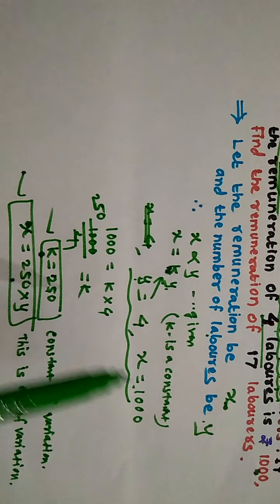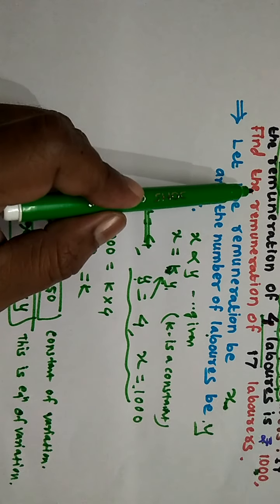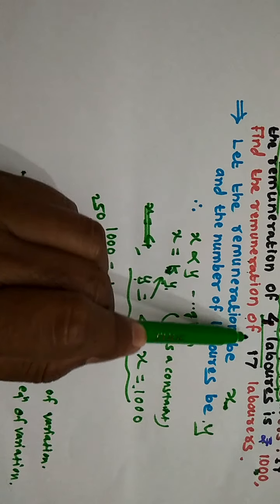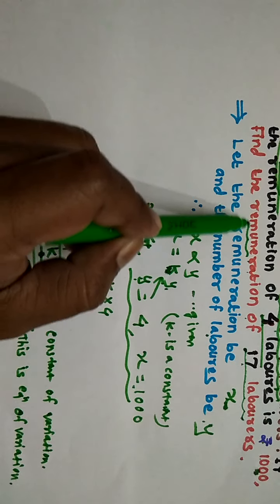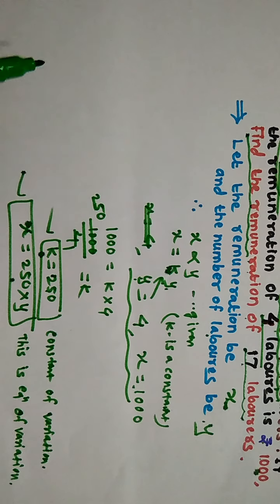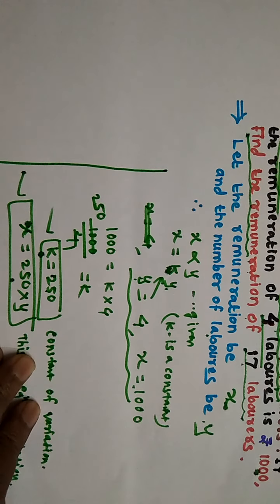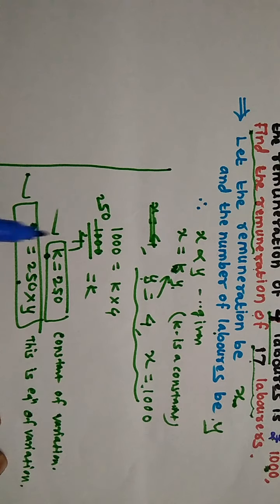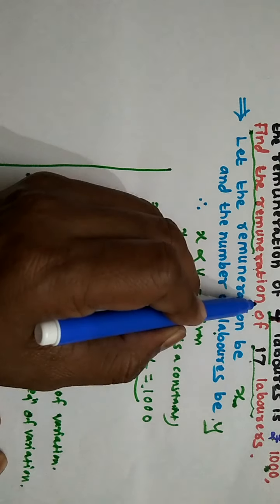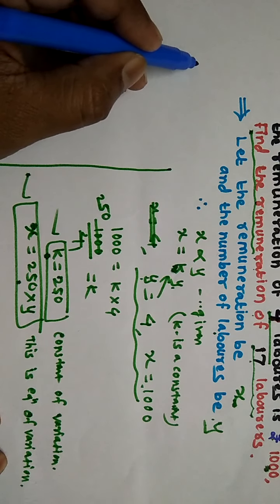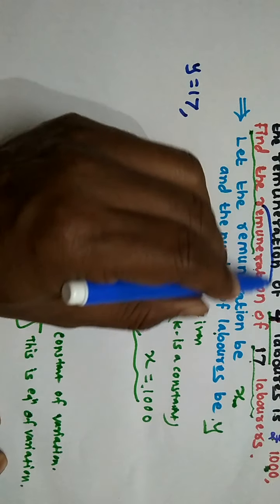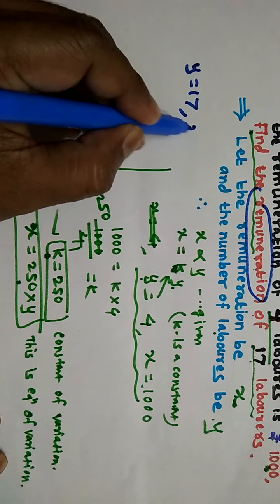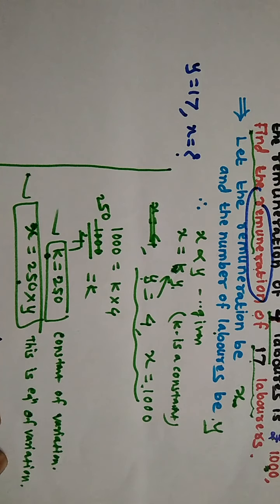Now read the example carefully. If the remuneration of 17 laborers, means laborers are given, our aim is to find the remuneration, x, their salaries.